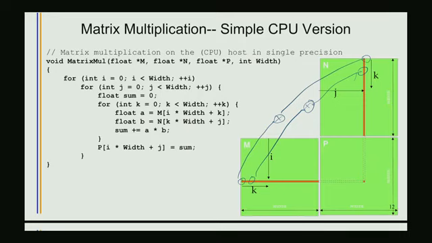Once I know which one I'm calculating, I do the inner loop, which is the dot product.